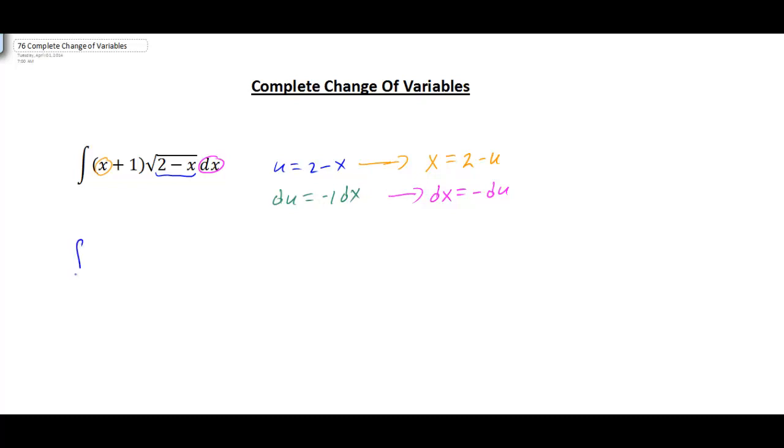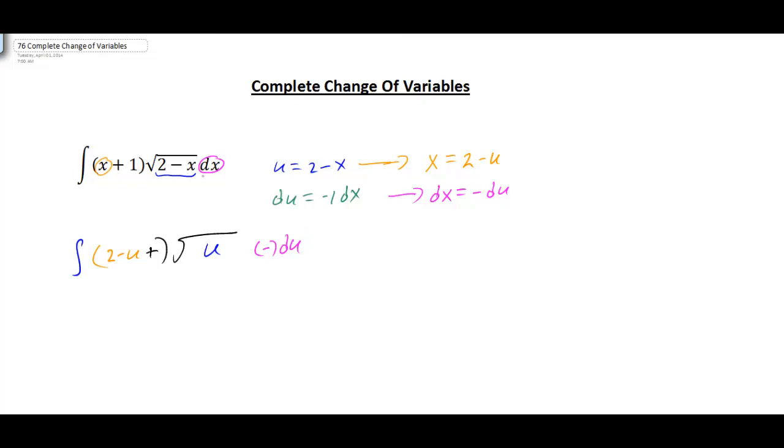So if we perform the substitution, in place of the x, we would plug in 2 minus u, and then we have the square root of 2 minus x, which would simply be u, and then dx is equal to a negative du. So there's the complete substitution.